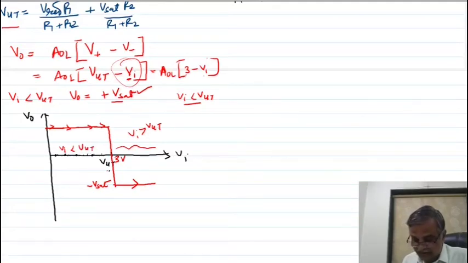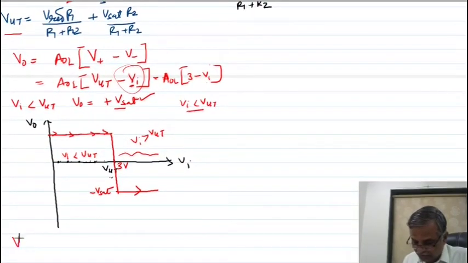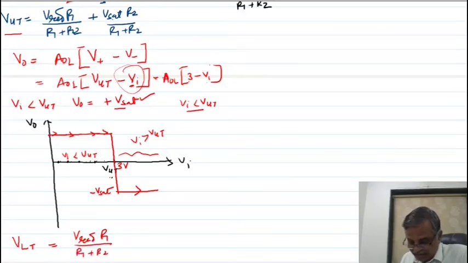As a result, my output voltage will be changed, and I'll get the voltage at plus terminal as V reference into R1 upon R1 plus R2, and here I would write minus Vsat, so minus Vsat into R2 upon R1 plus R2.